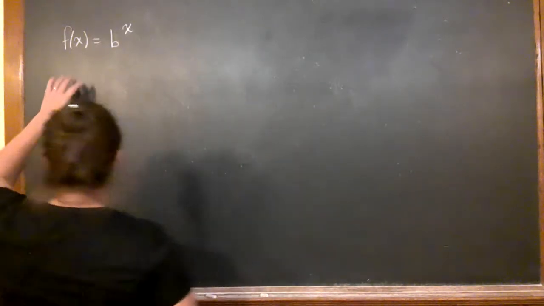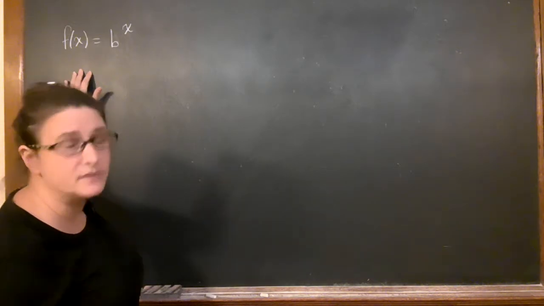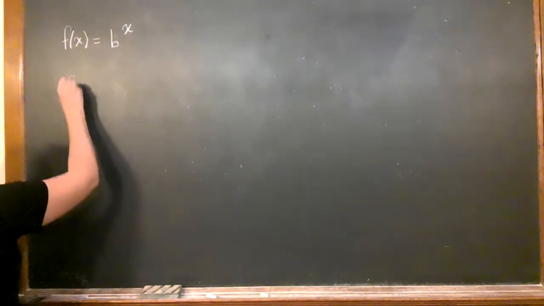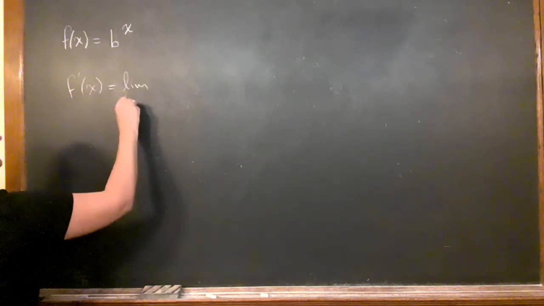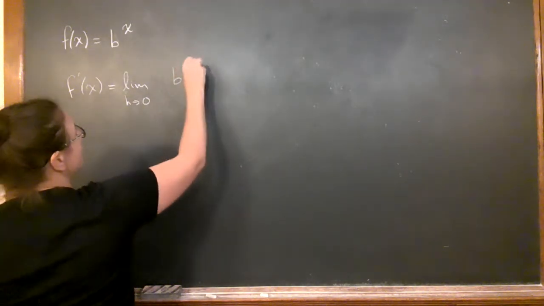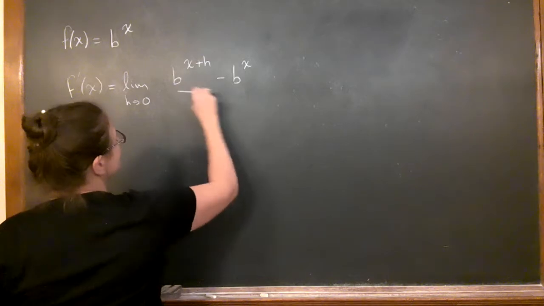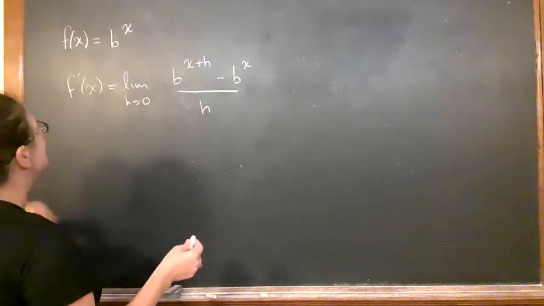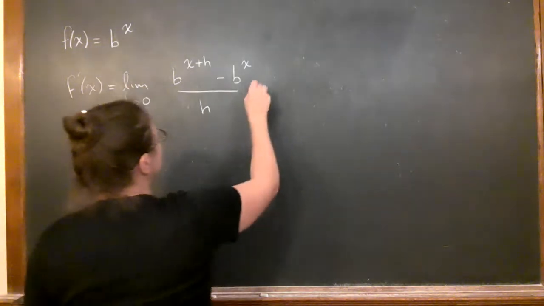So now let's look at what this is going to look like. Let's just take this general form and see if we put it into the form of the derivative, what are we going to get? So remember, I'm doing the usual thing. f of x plus h minus f of x over h. Of course, here my f of x is this b to the x. So we can clean this up a little bit here.